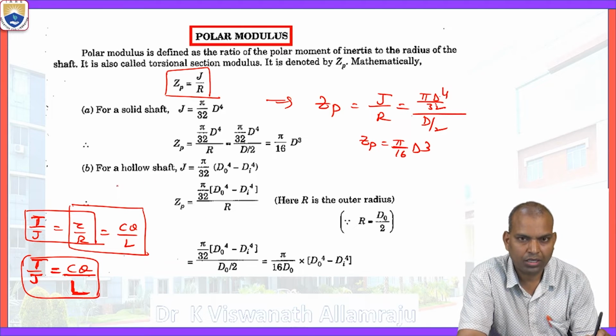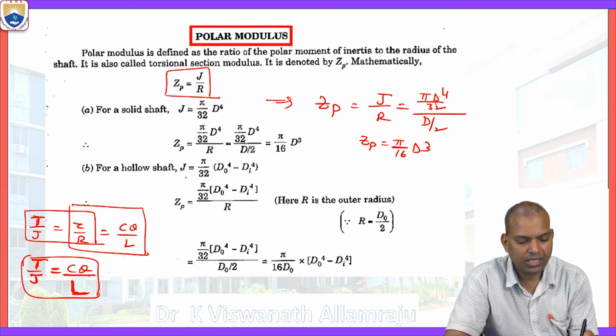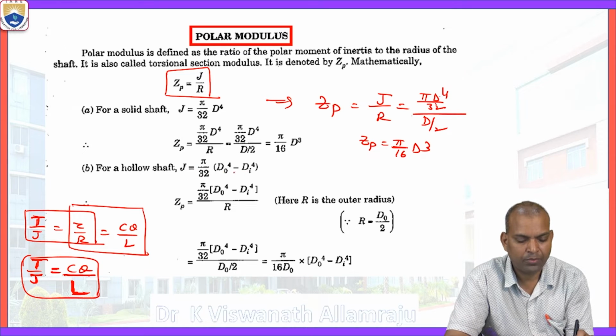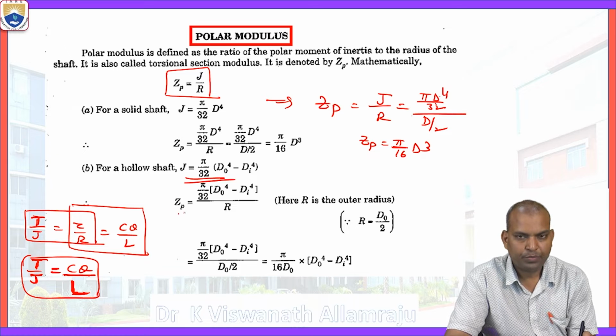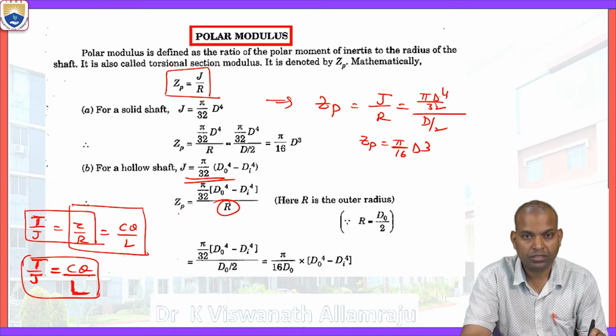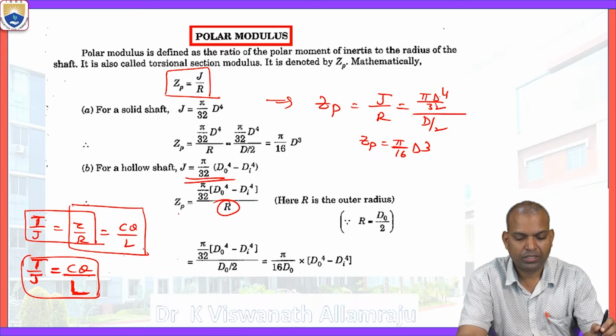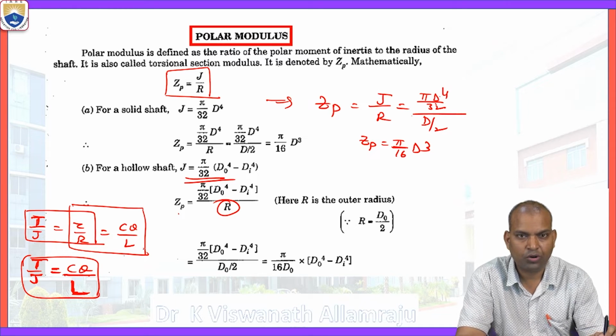Whereas coming to a hollow shaft, what is the J value? Here the J is pi by 32 times do power 4 minus di power 4, and Zp equal to J by R. What is this R? Is it di by 2 or outer do by 2? We are considering R as the maximum radius, that is the outer radius, do by 2.